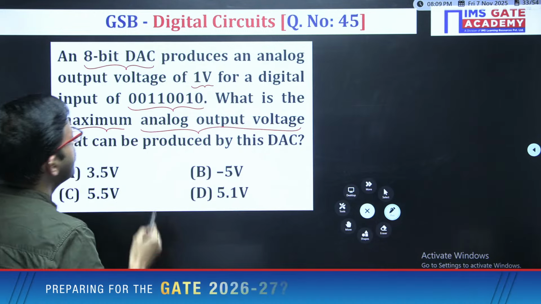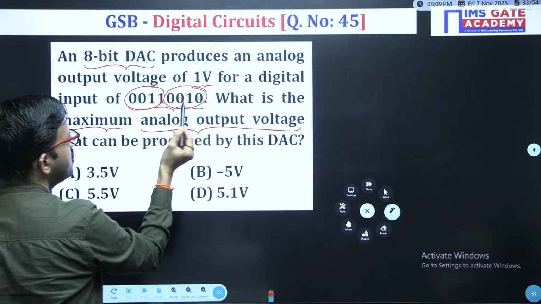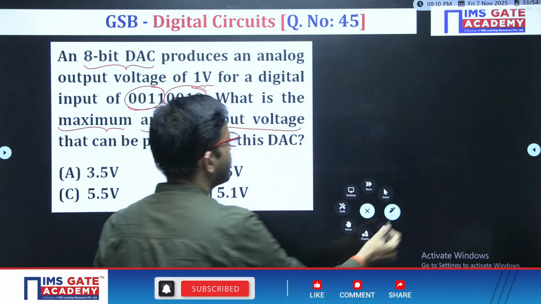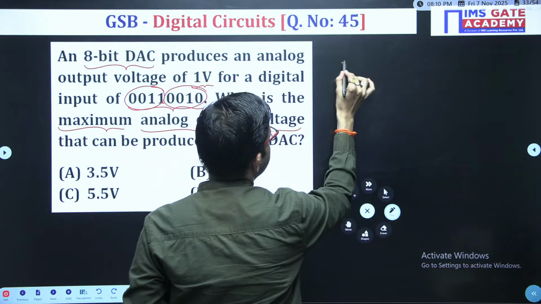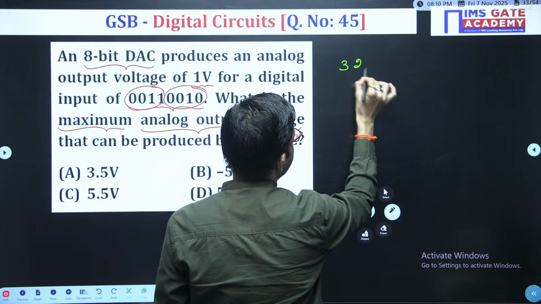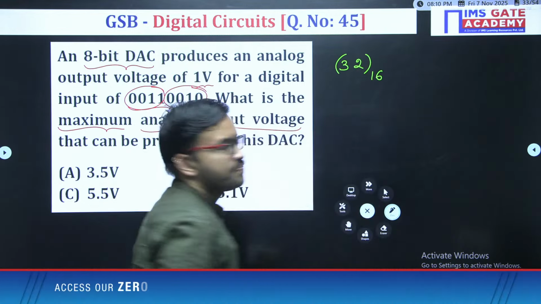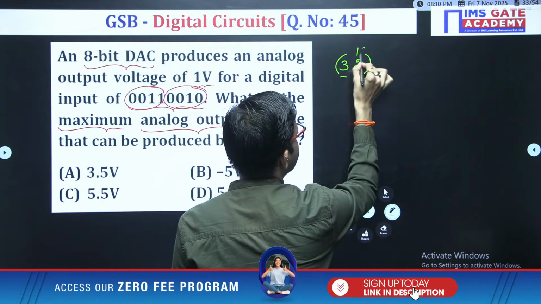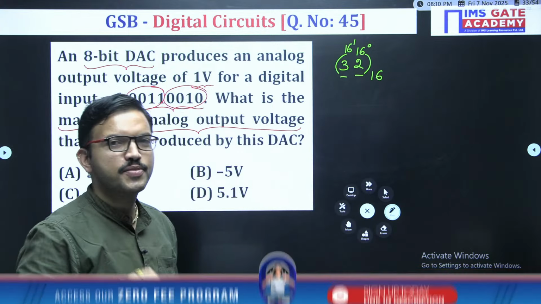Okay. So now just observe for this particular number. When you do grouping of 4 bits, then you are getting corresponding hexadecimal digits. Okay. So here 0011 is nothing but 3, then 0010 is nothing but 2. Okay. So 32 in hexadecimal. Convert into decimal by placing the positional weights in powers of 16. Already we discussed number system questions yesterday, first chapter only, right?